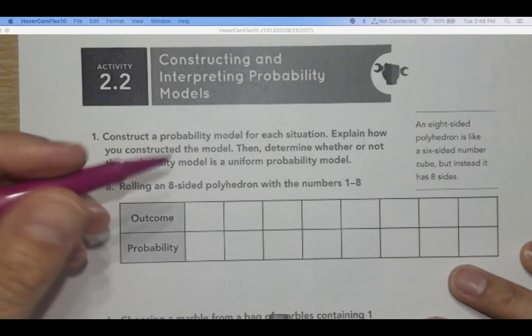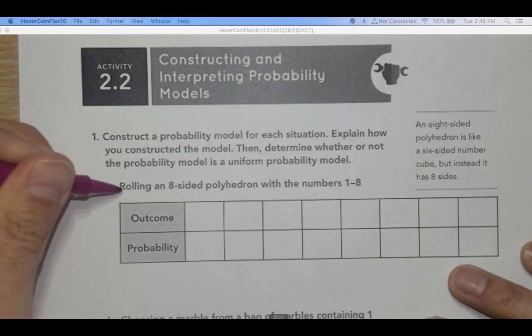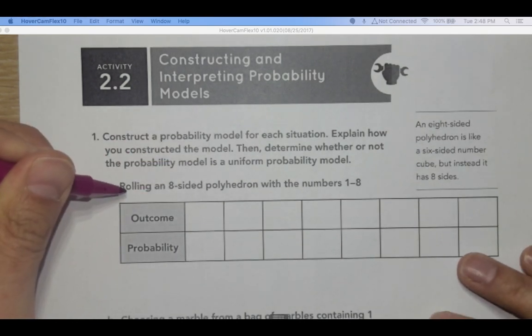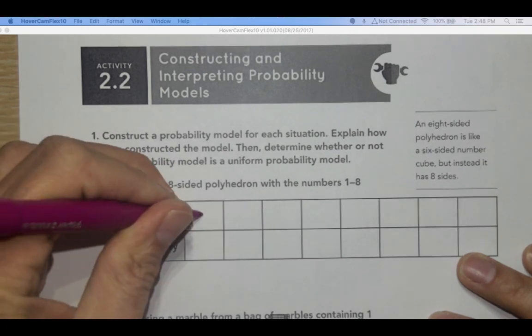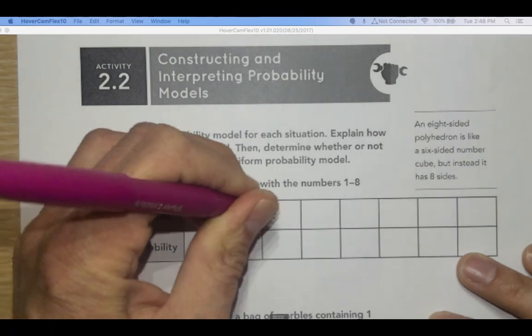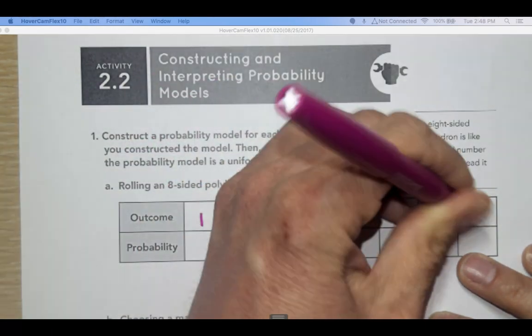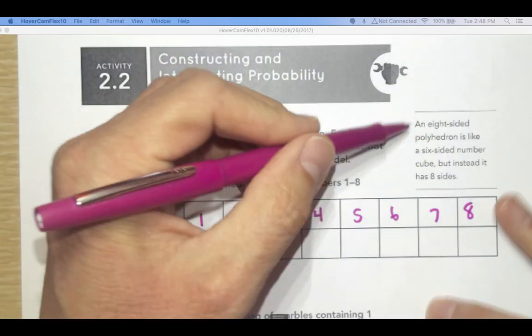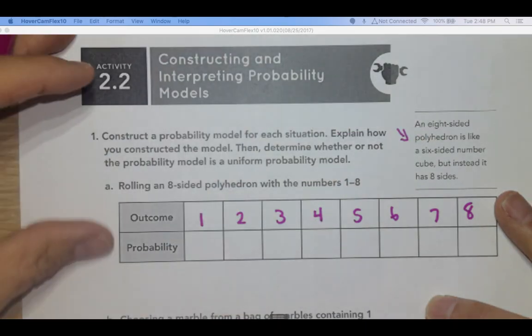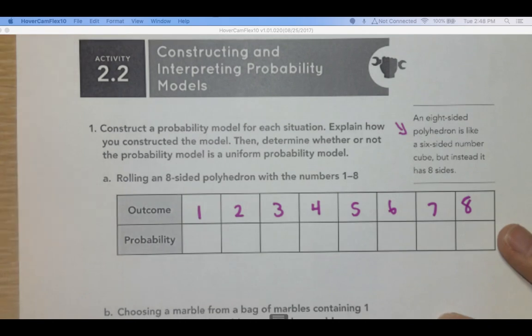Rolling an 8-sided polyhedron with the numbers 1 through 8. My outcomes would be 1, 2, 3, 4, 5, 6, 7, or 8. An 8-sided polyhedron is like a 6-sided number cube, but instead it has 8 sides.